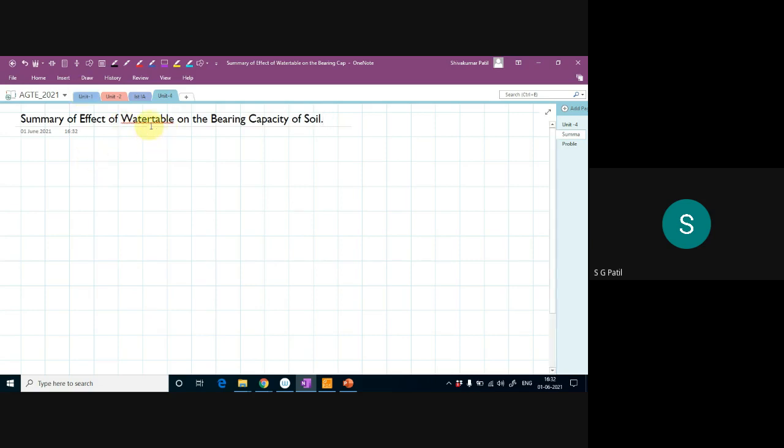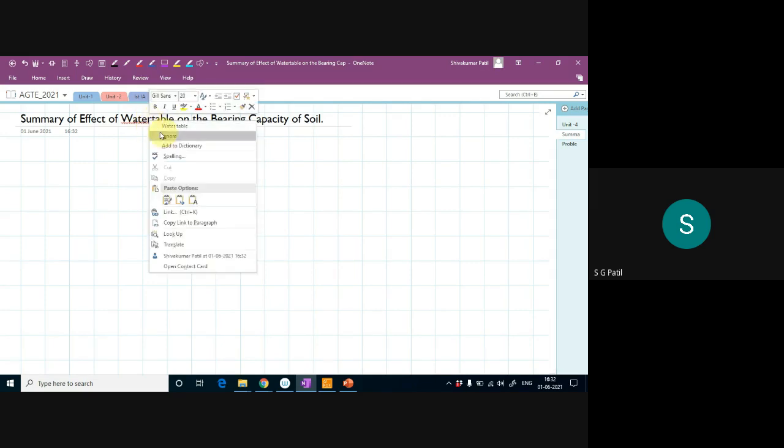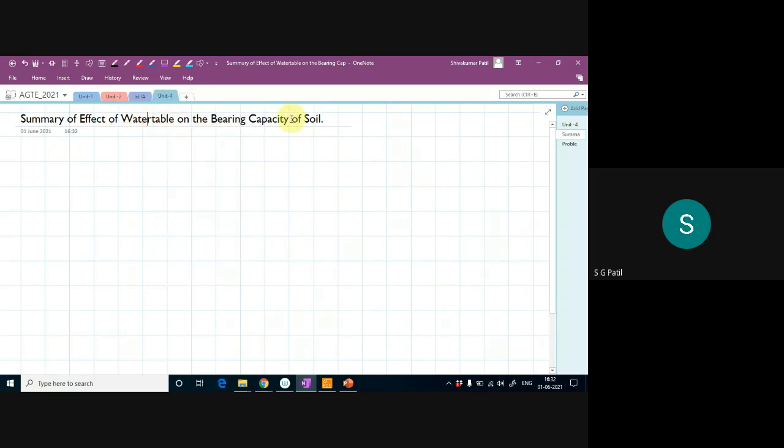This word is not recognizing, water table. Actually some textbooks write it together, water table, and some textbooks write it separately.